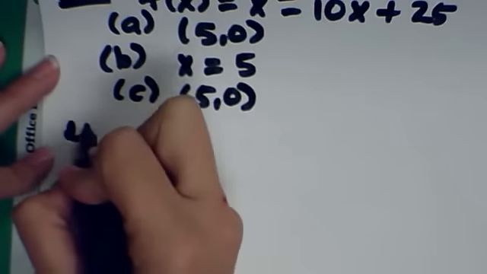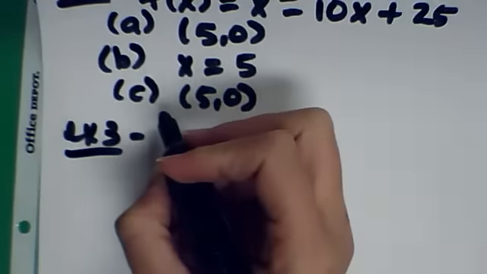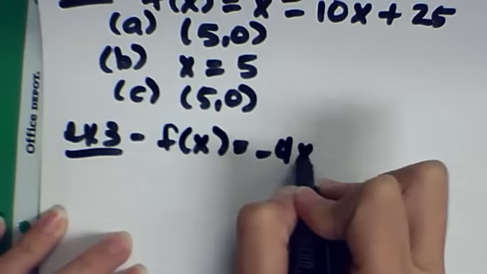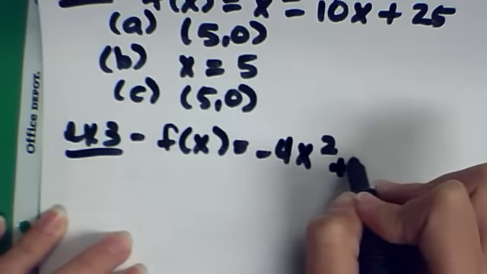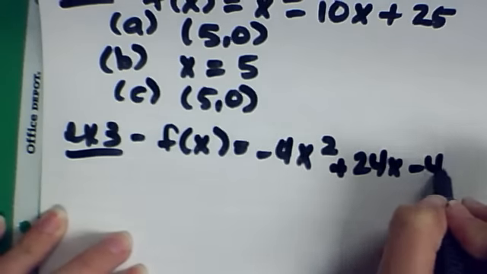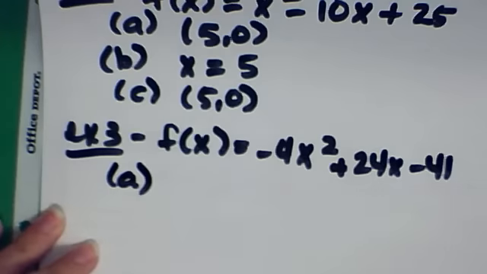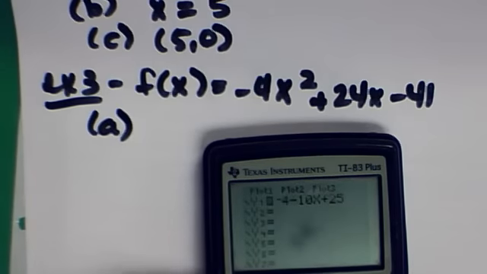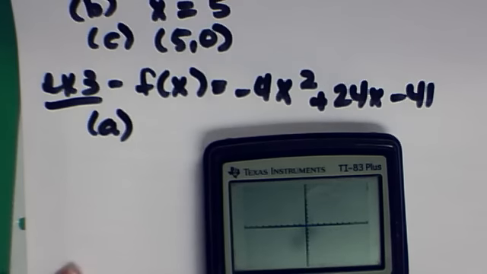Number 3. And that's f of x equals negative 4x squared plus 24x minus 41. Got to put that into my calculator and graph it.